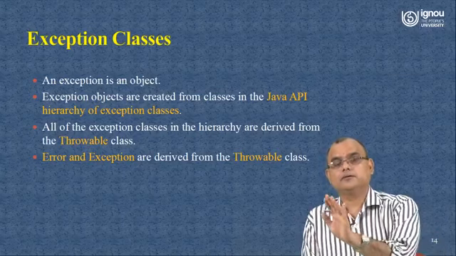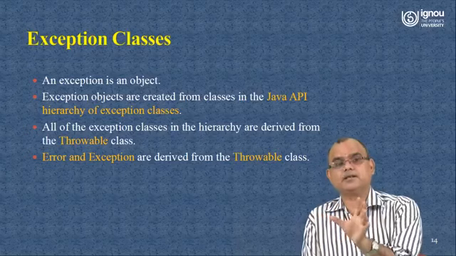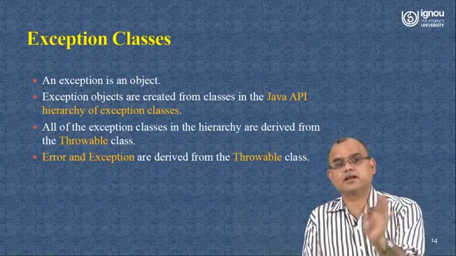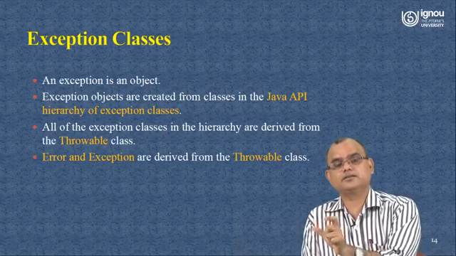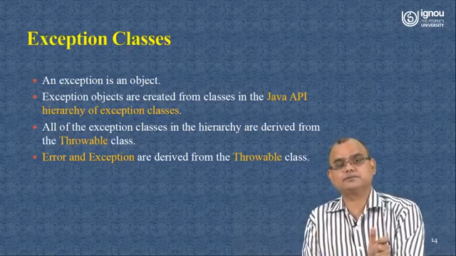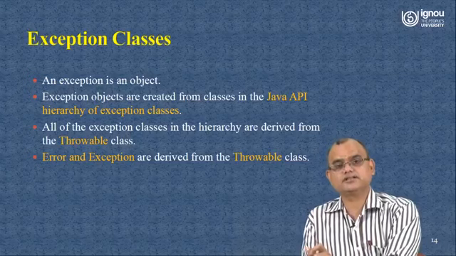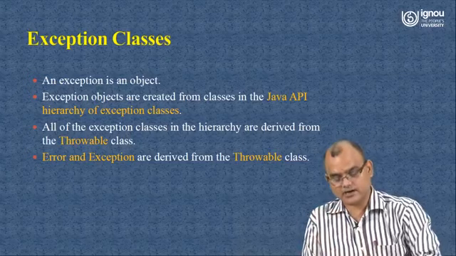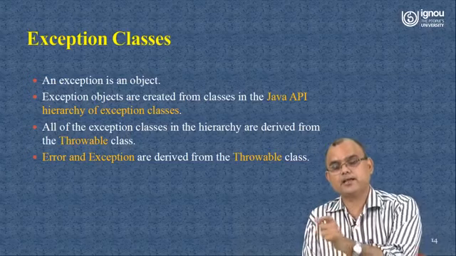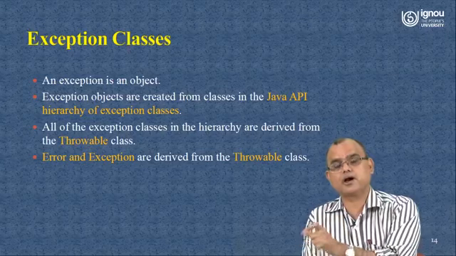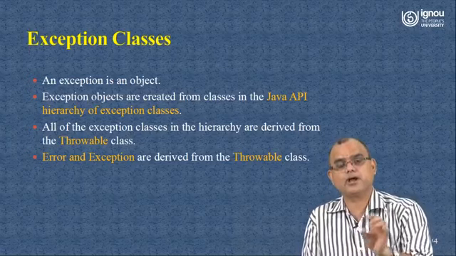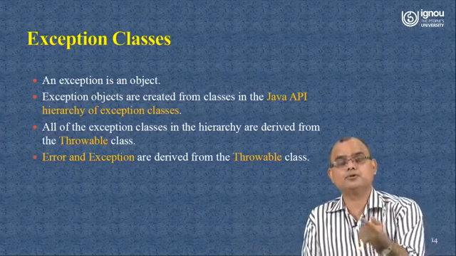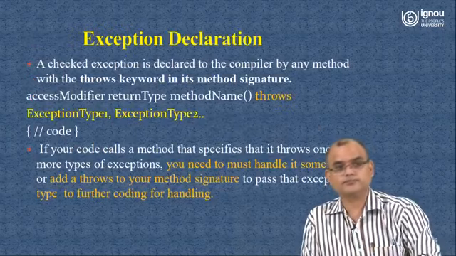Now Throwable divides exceptions into two categories: one is the error, another is the exception, and exception again divides things into two categories: one is the IO exception, another is the runtime exception. So we are more interested in runtime exceptions, and if any exception occurs in the category of runtime exception, we either have to handle it or we have to throw it using the throws clause.